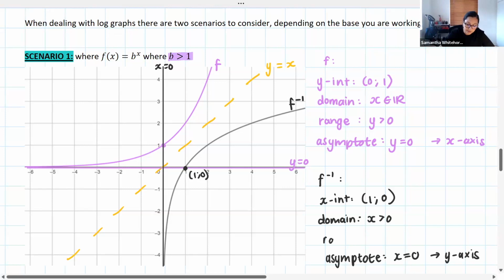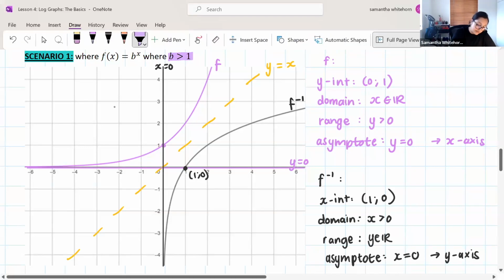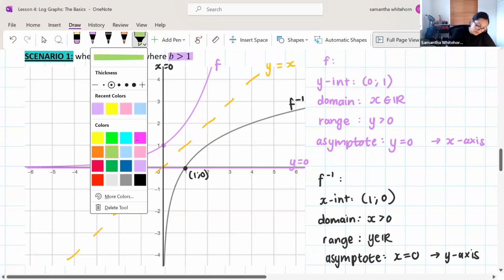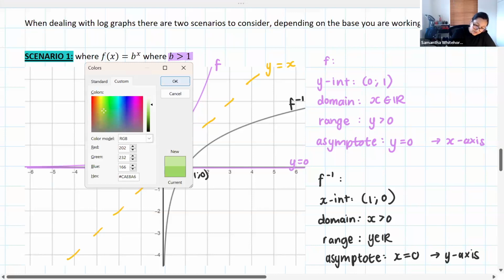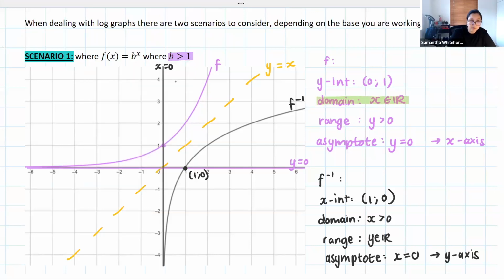My range, however, is that the graph starts all the way down at negative infinity and goes all the way up to positive infinity. So these are y element of real. And hopefully what you can see here, guys, is the fact that there's a swap. The domain was x element of real.